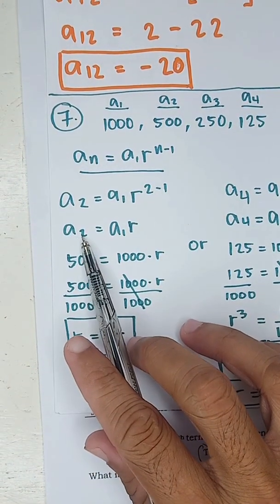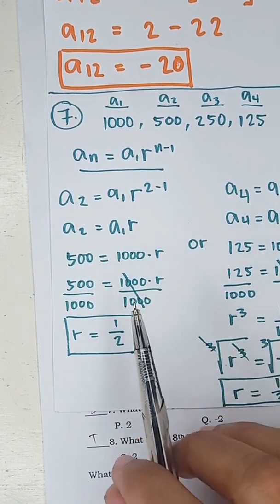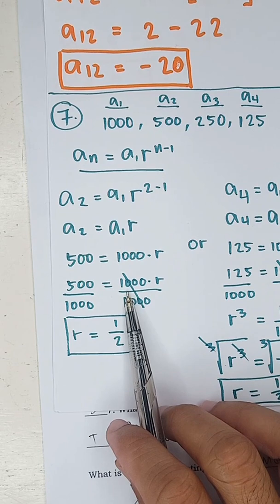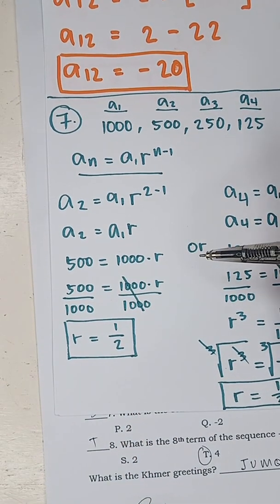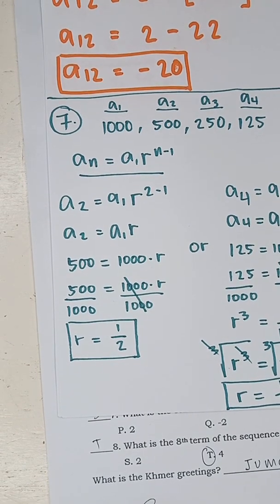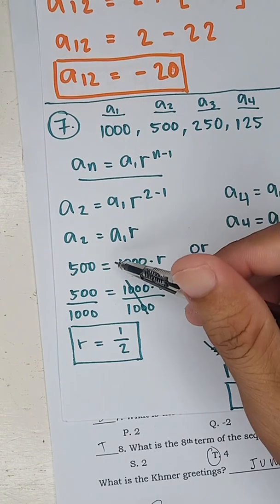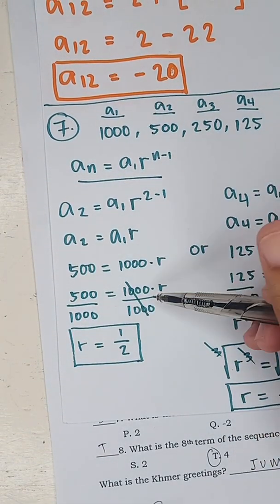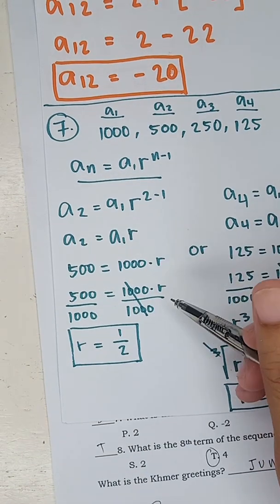So a sub 2 is 500 is equal to a sub 1 is 1,000 times r. And then, in order to exclude 1,000 beside r, dapat mag-apply tayo ng property of equality, which is the multiplication. We multiply both sides by 1 over 1,000 para makancel yung 1,000. Para r na lang talaga.